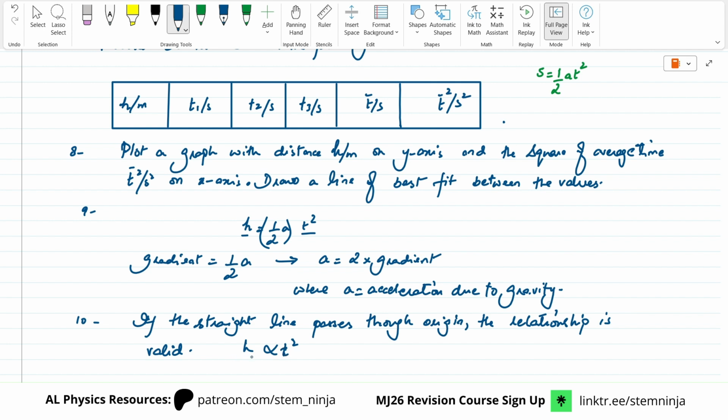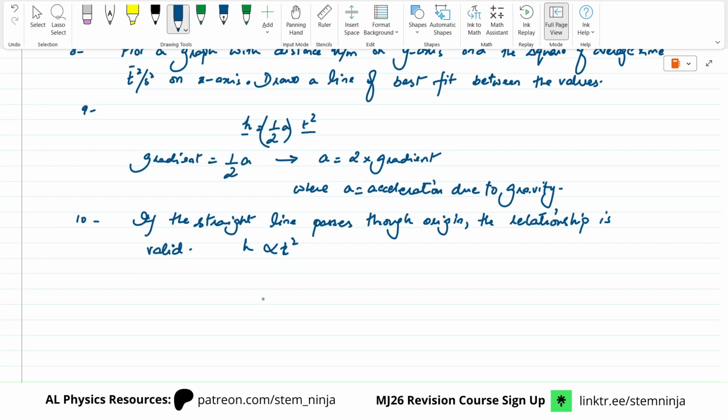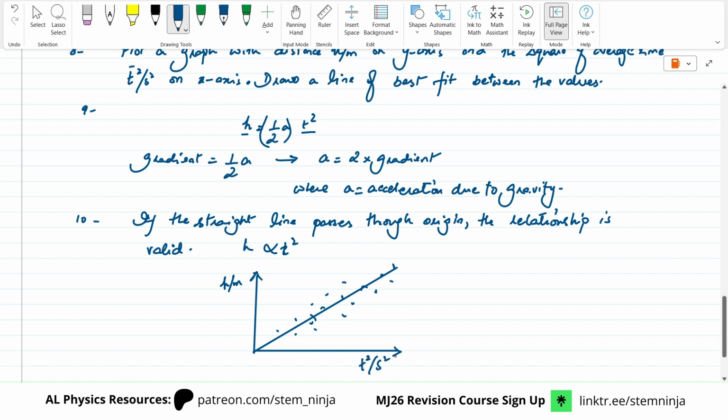So height is proportional to t squared. It should be a straight line passing through the origin. Actually, we can draw that gently. So how this would look is that you would have a line of best fit with some values scattered like this. So this would be your height per meter and this would be your t squared per second squared.